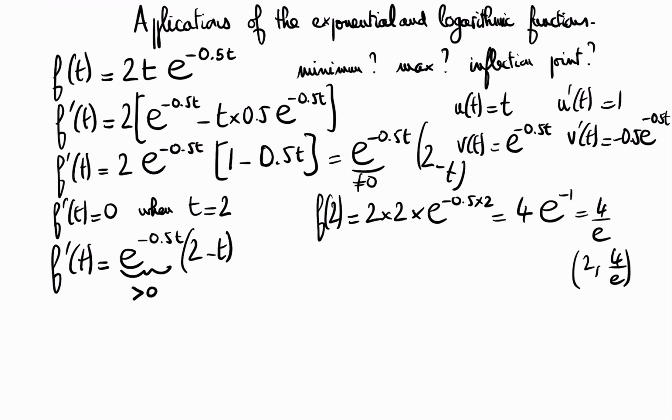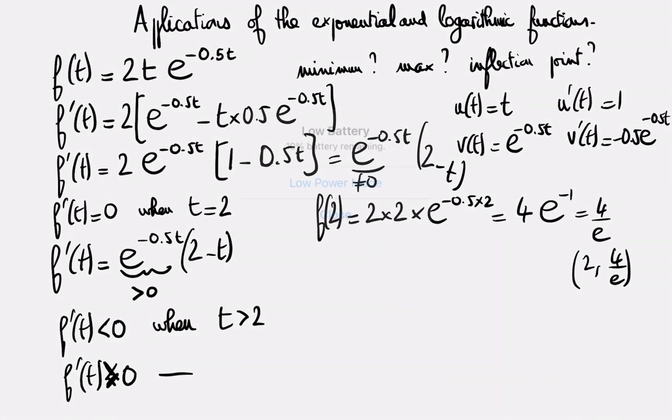So therefore, f prime of t is negative when t is greater than 2, and positive when t is less than 2.